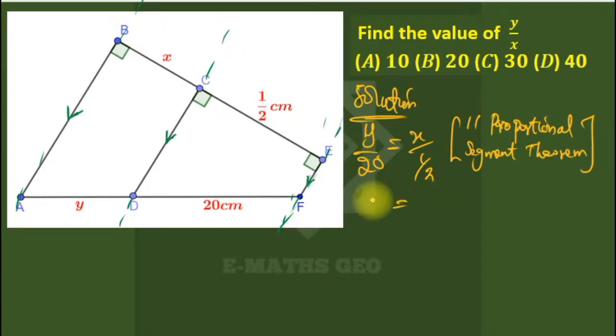Which implies that y over x is equal to 40. That's the answer. Y over x is 40, option D.